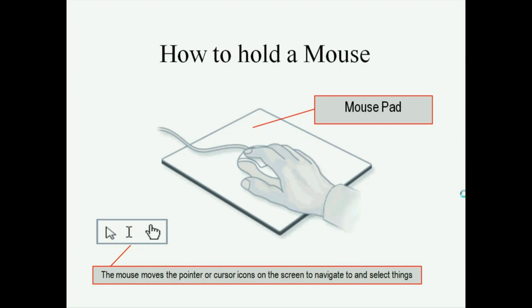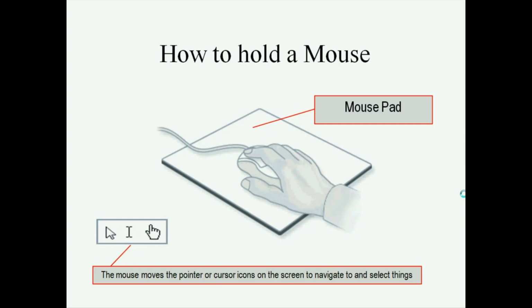You hold the mouse by laying your hand gently over it. The illustration shown here is for a right-handed person. And when a right-handed person lays their hand on the mouse, their index finger falls naturally on this left button area of the mouse. Now, for a left-handed person, the ring finger would fall over the left button.